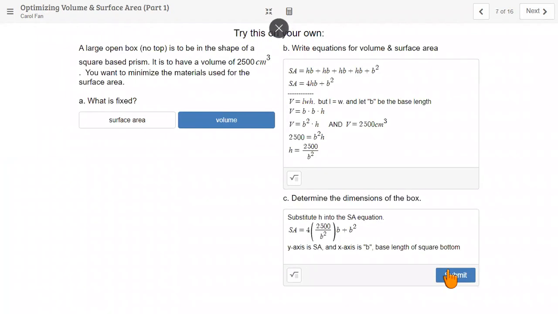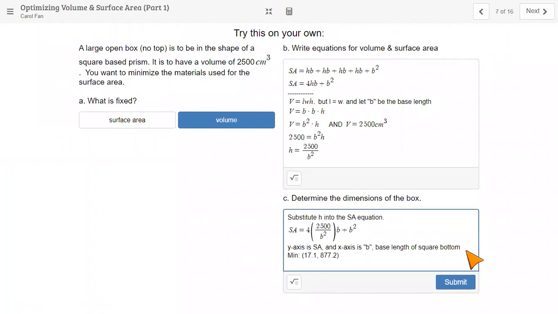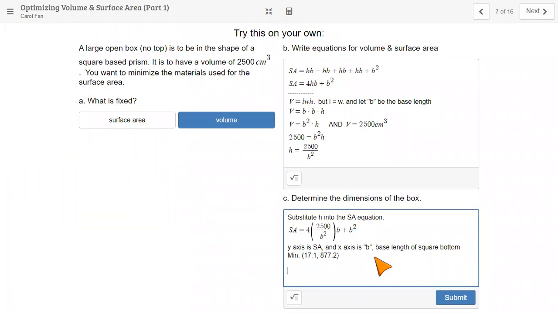So we come back here and we find that this is the minimum value. That means that the base has to have the length of 17.1, and I can substitute it back in here to find my height.